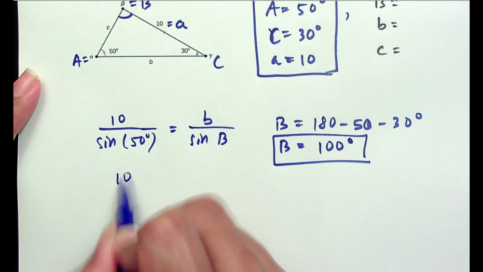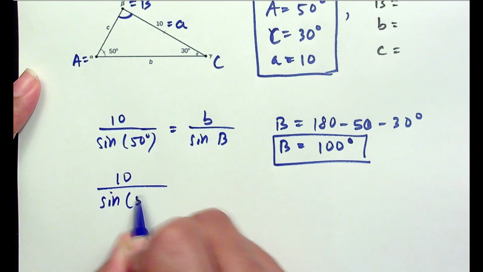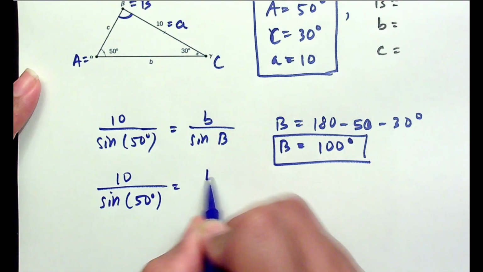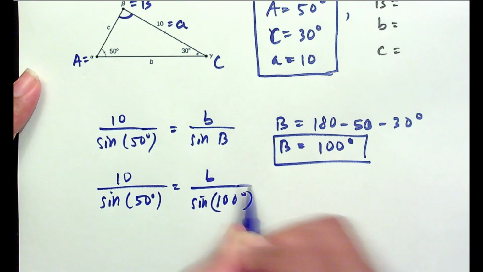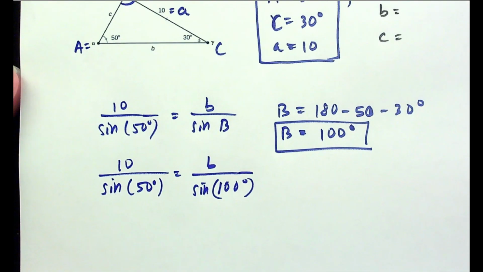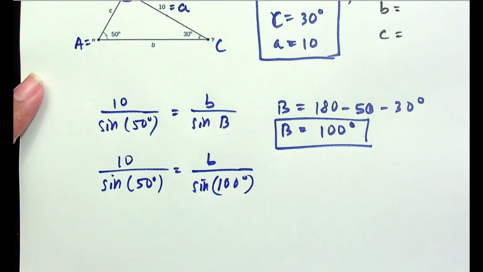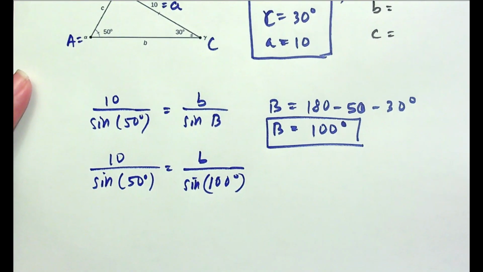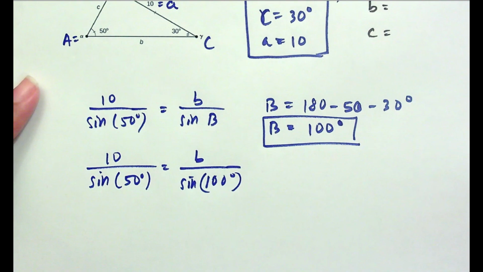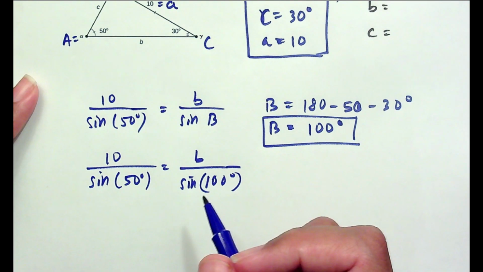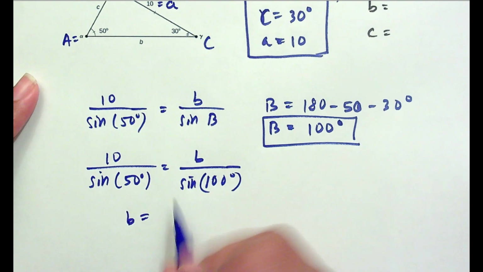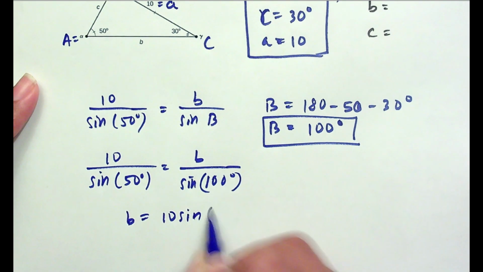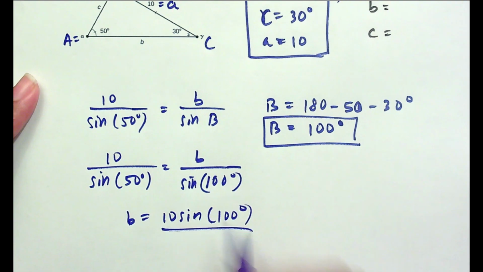So this means, going back here, 10 over sine of 50 degrees equals little b over sine of 100. Okay, now cross multiply and divide. You're going to get b equals 10 sine of 100 over sine of 50.